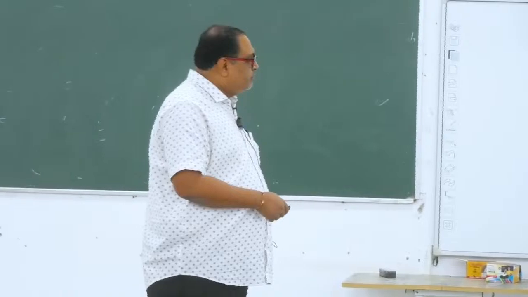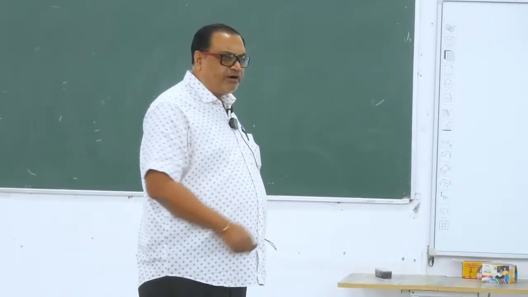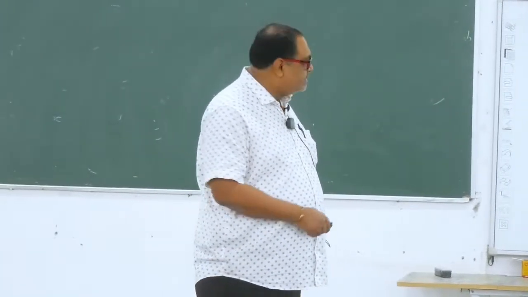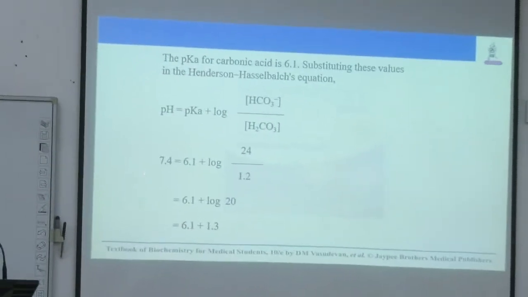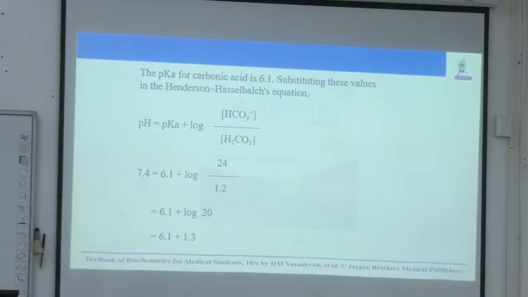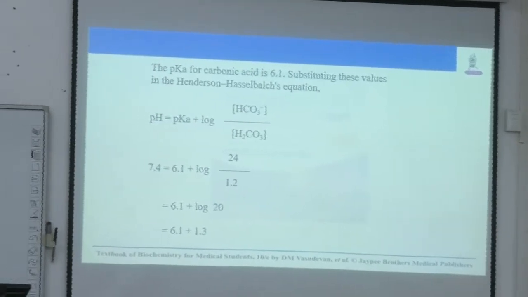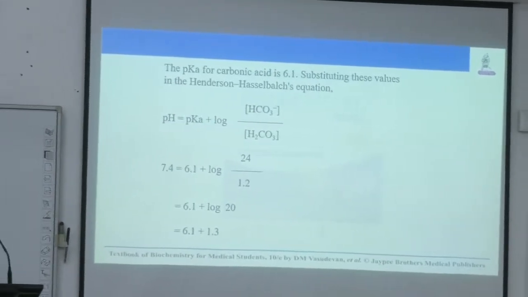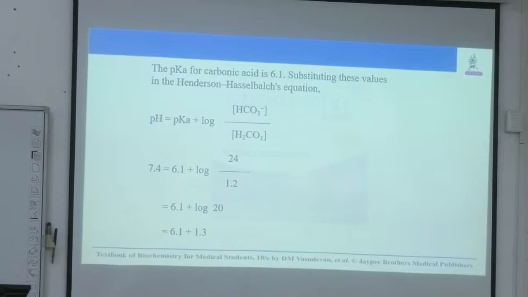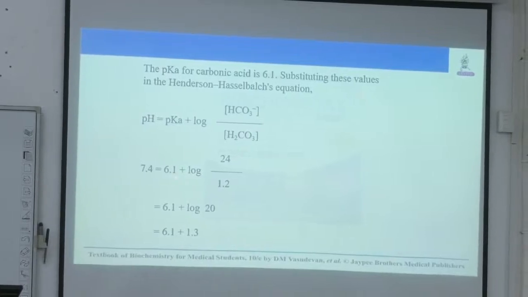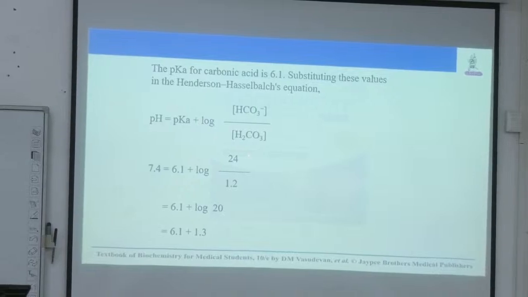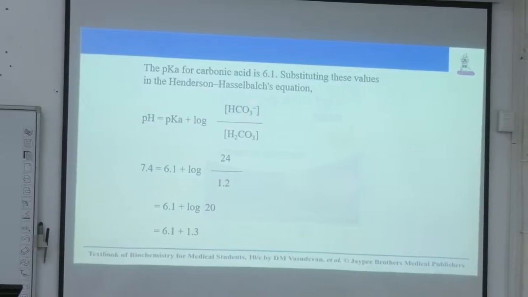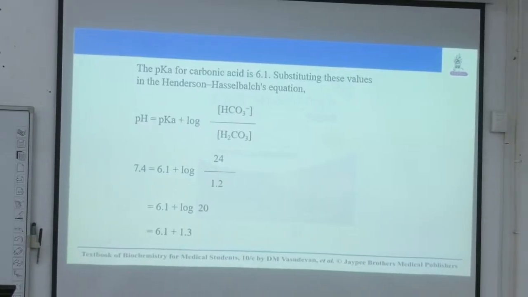But here, pKa for carbonic acid is 6.1, and 7.4 is the normal blood pH. So we write 7.4. Then pKa is given in the chart, in the chemistry book. For carbonic acid, it comes 6.1.